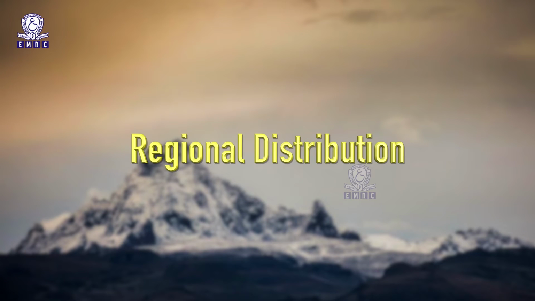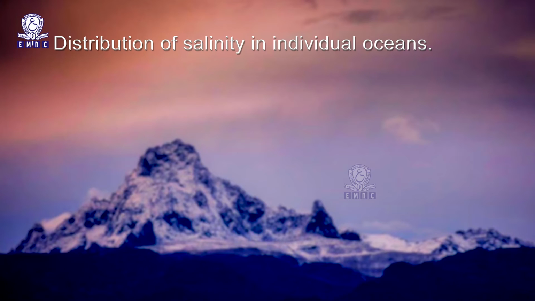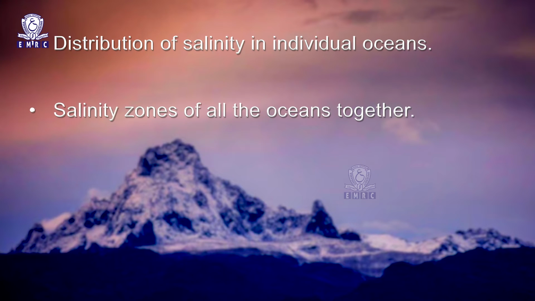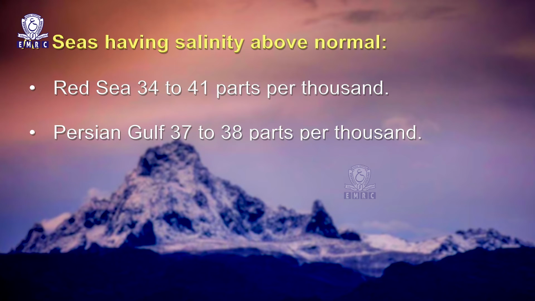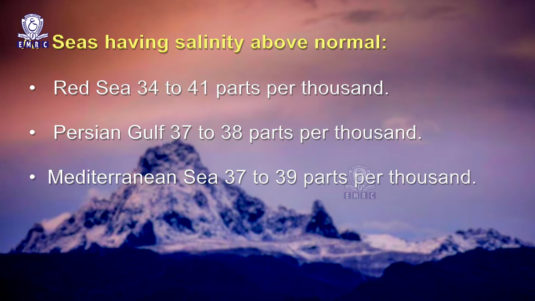Regional distribution. Regional distribution of the surface salinity of the oceans and seas is described in two ways: distribution of salinity in the individual oceans and salinity zones of all the oceans together. Jenkins has divided the oceans on the basis of variations into 3 categories: seas having salinity above normal, Red Sea with 34 to 41 parts per thousand, Persian Gulf 37 to 38 parts per thousand, Mediterranean Sea 37 to 39 parts per thousand.